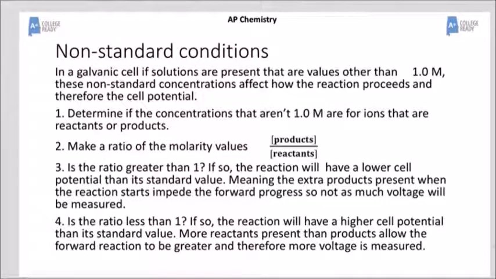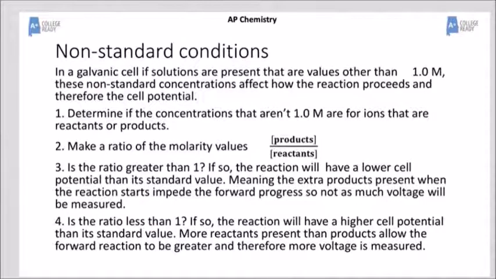The key to this is looking, because you'll have 2 ions typically. One is a reactant, one is a product. Could be more, but at least 2 ions. You need to know which ion is a reactant and which ion is a product, because we're going to make a ratio of these molarities.